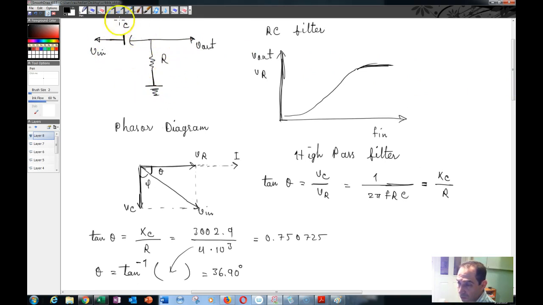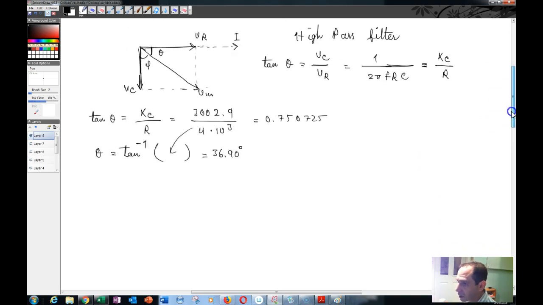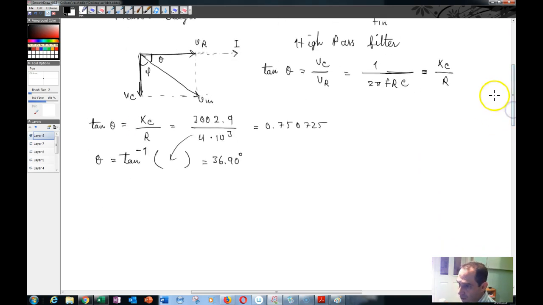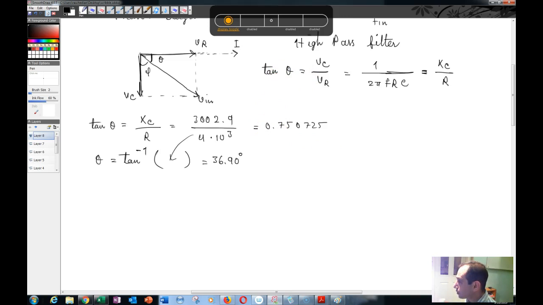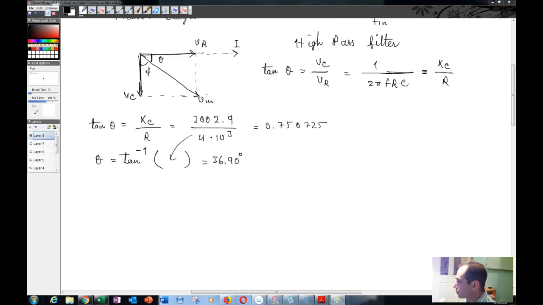Otherwise, if you were looking for the angle for the voltage across the capacitor, then you would have to calculate this phi over here. We will get to that as well. But basically your theta over here is equal to 36.90 degrees.